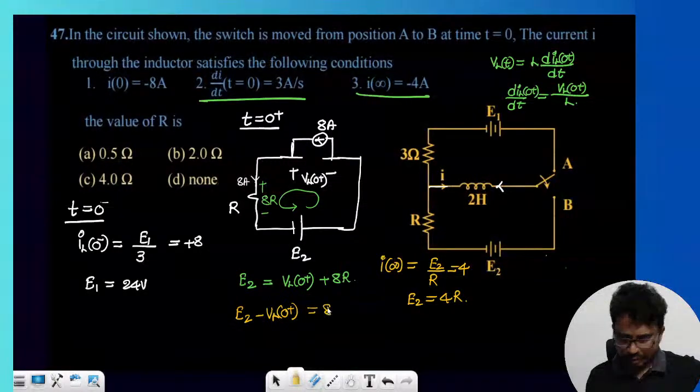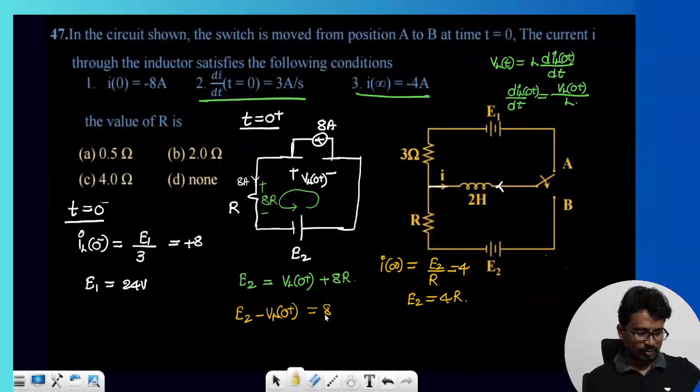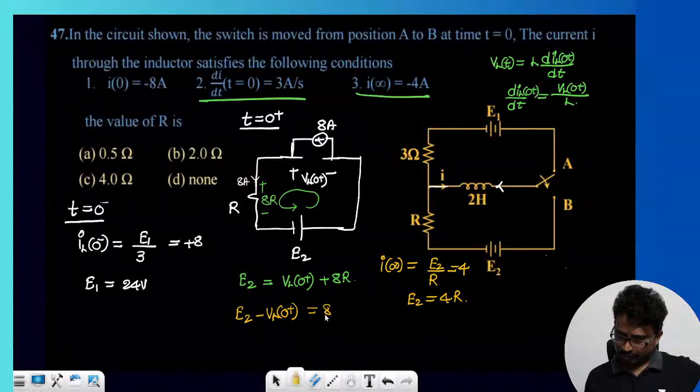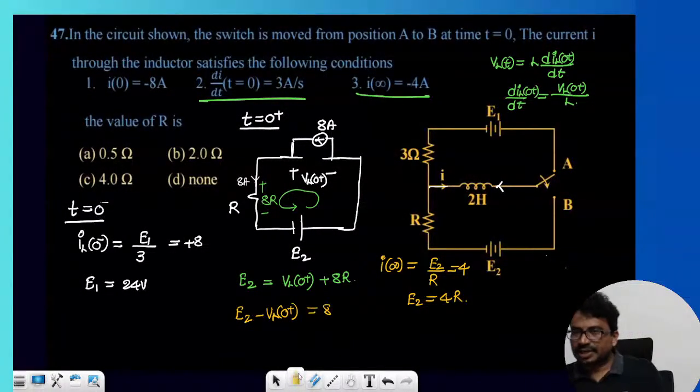Did we do anything wrong here? E2, this thing is 8 amperes only, no? Correct. Yes, 8 amperes only.